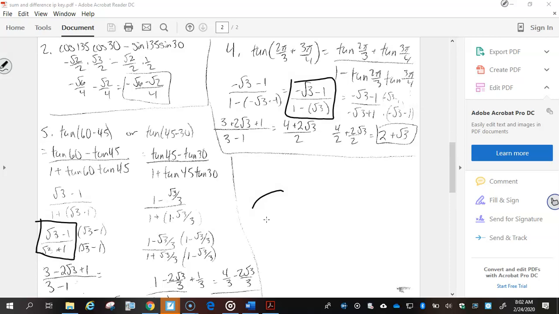Now, I will say, depending on the angles you use for tangent, ours could be a little different. If you have 3s instead of 1s, that means we used different angles. As long as you evaluated those angles correctly, that's fine.